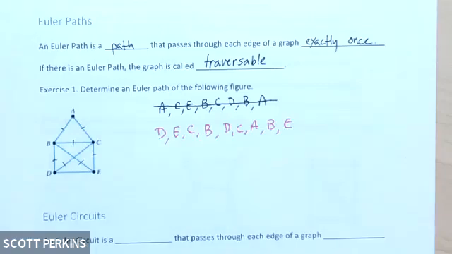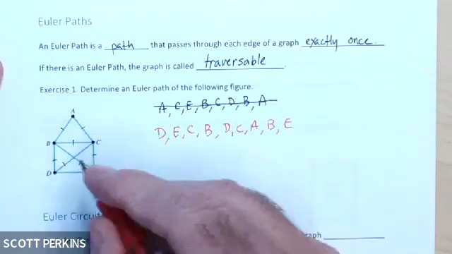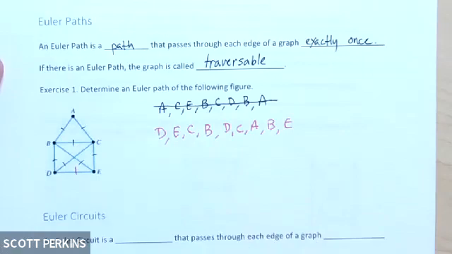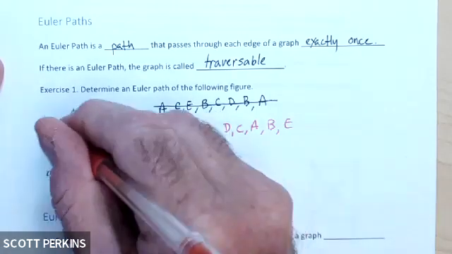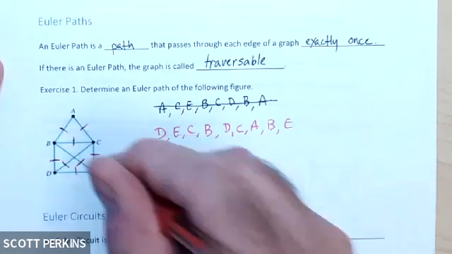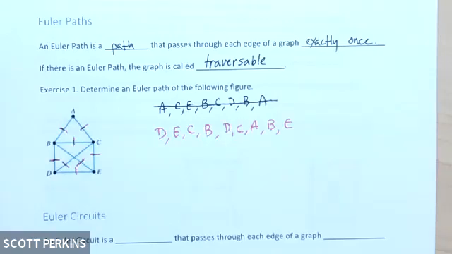Okay, so we started at D. So we went from D to E, so we got that bottom one in. And then E to C, so we've gone up the side. C over to B, so we've gone through the middle. B down to D. Then D up to C, so we've gone through the middle again. Then C up to A, and then A down to B, and B over to E, and yes, looks like we got it on the second try.